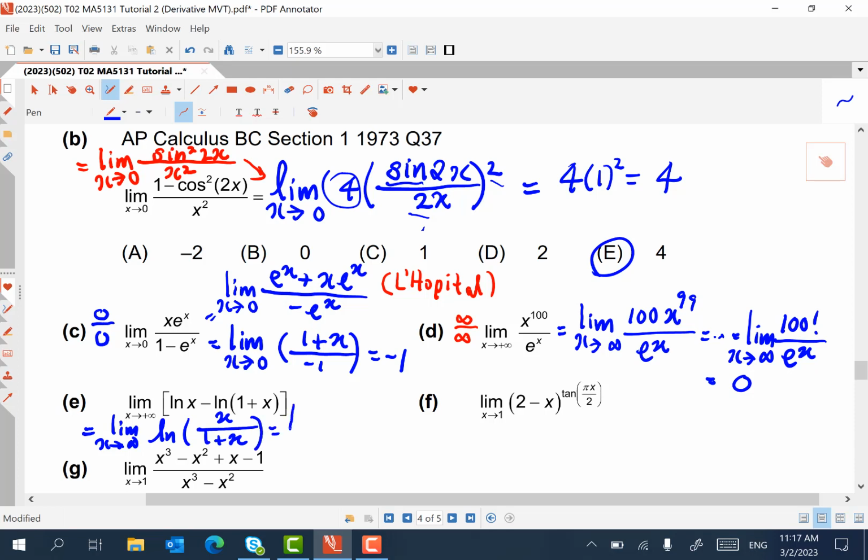This gives you the limit. Because ln is continuous, I can potentially do this now. One over, and this gives you ln of 1, which is 0.